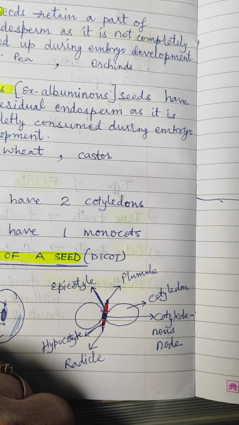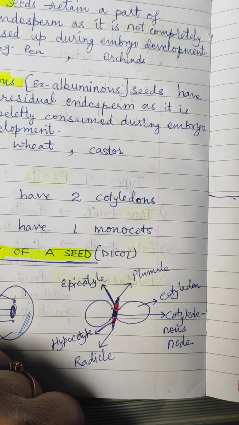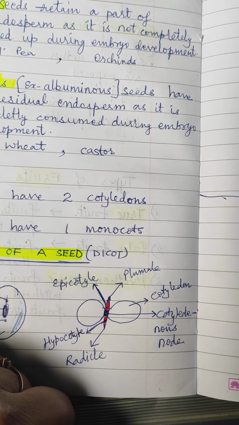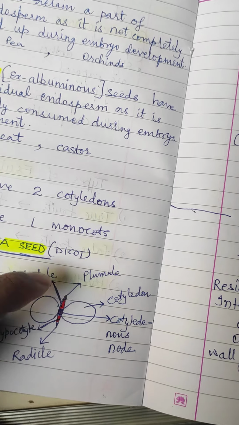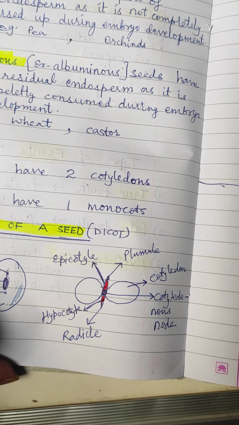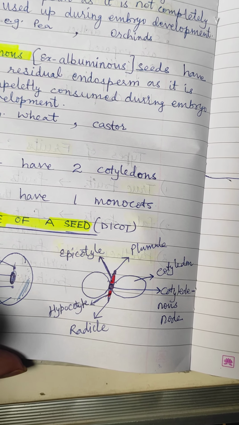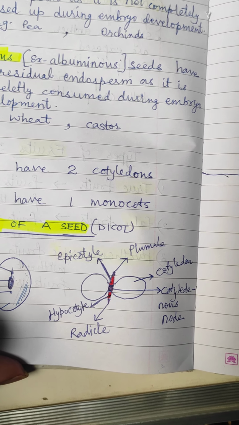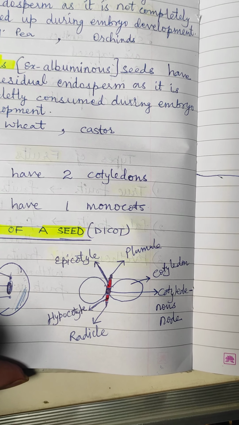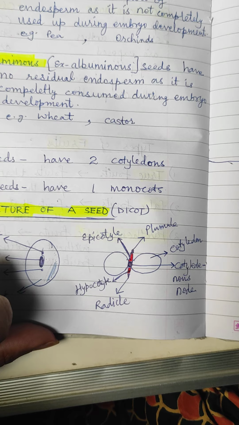The area between the cotyledonary node and plumule is epicotyl, and the area between radicle and cotyledonary node is hypocotyl.